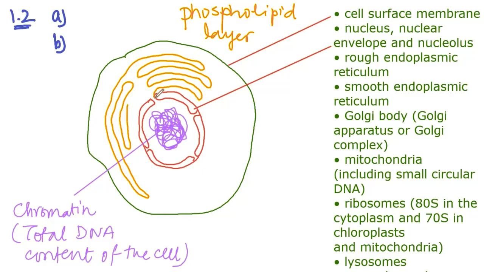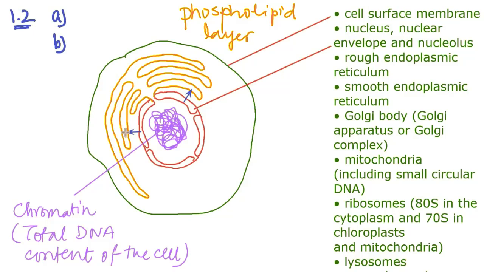Remember this: endoplasmic reticula are formed due to further inclusions of the cell surface membrane. The new cell surface membrane keeps on adding, and the old cell surface membrane keeps on transforming into endoplasmic reticula. You can see from this arrow that the new endoplasmic reticula keep on adding.